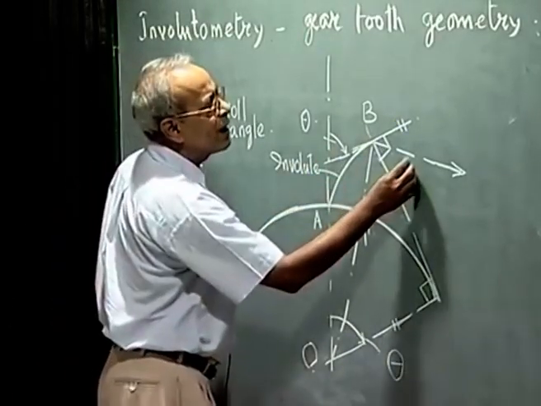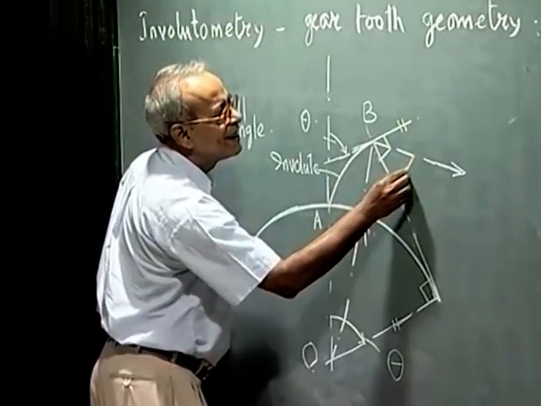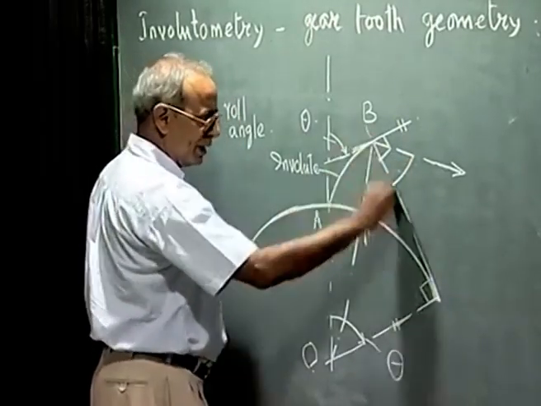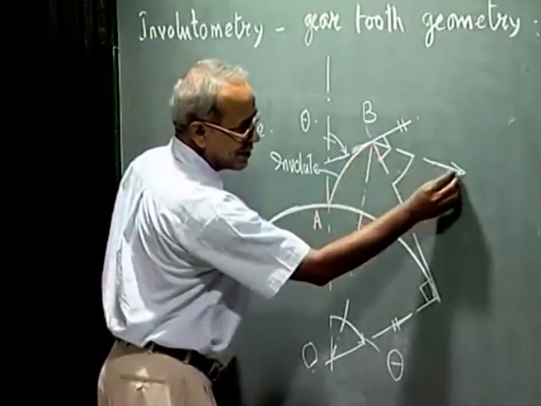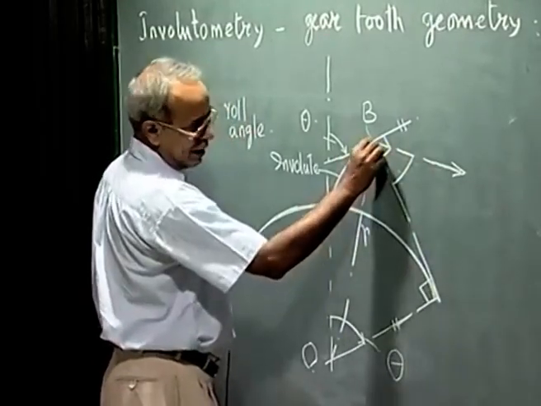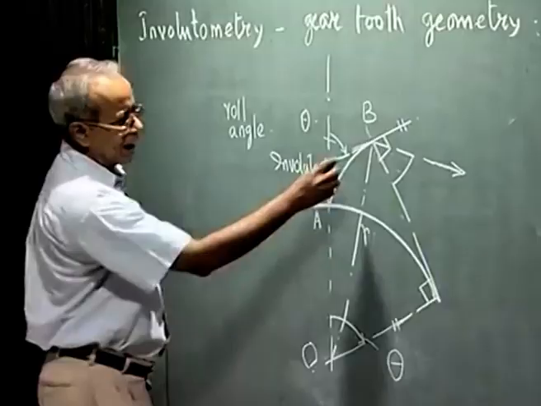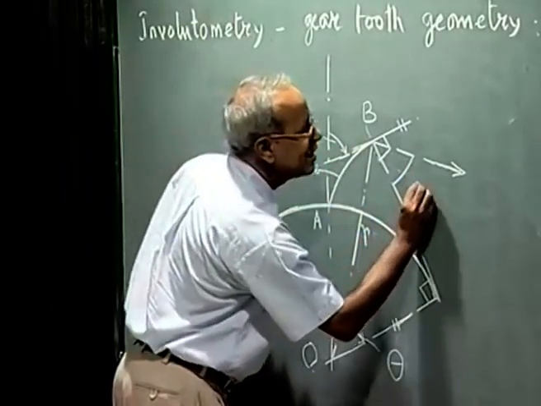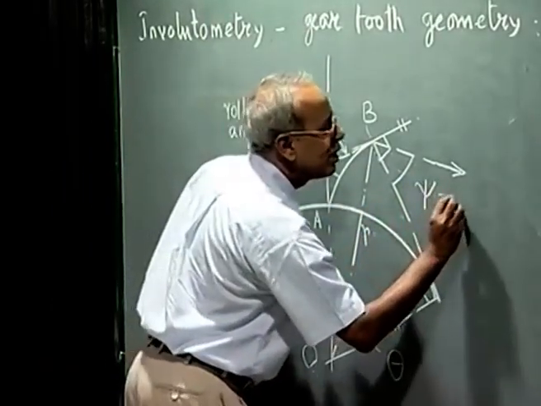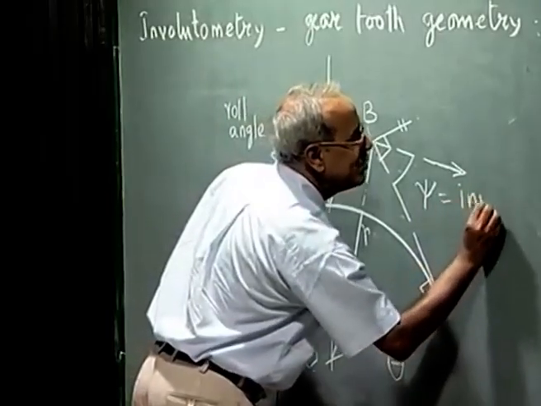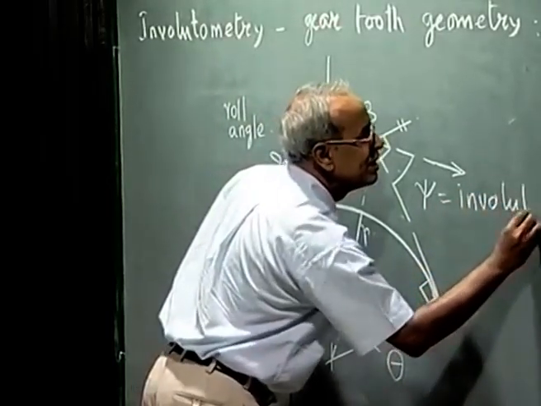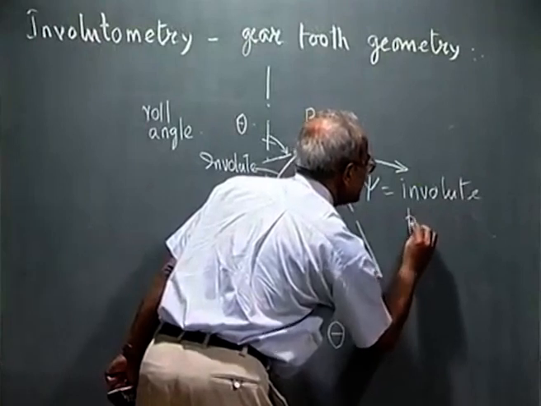So, at this point, this angle between the normal and the direction of the velocity, the normal really indicating the direction of the force at this particular point, this angle is called psi, which we will call the involute pressure angle.